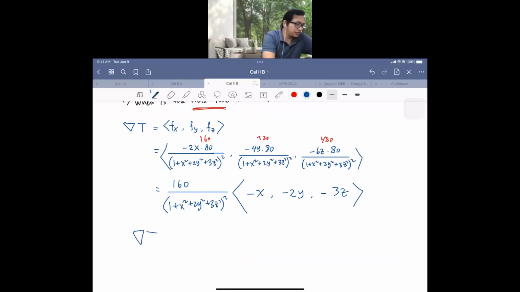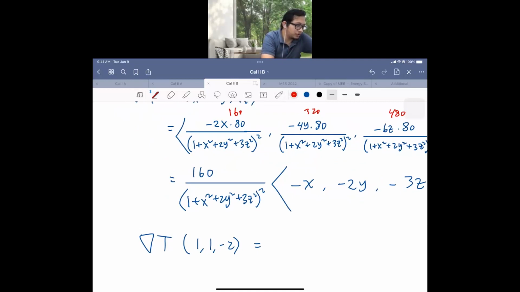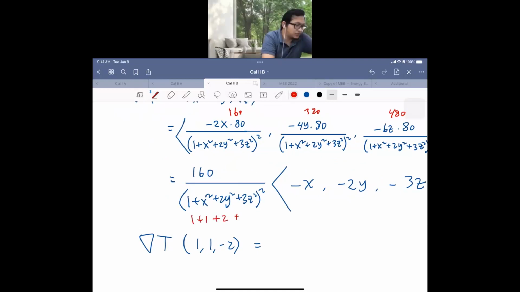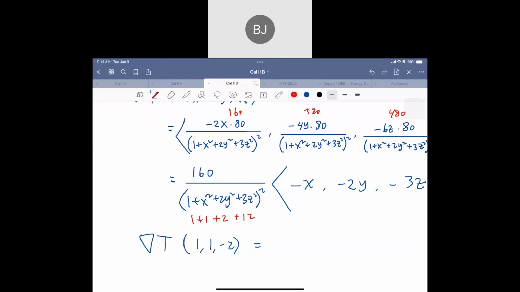Now the gradient factor at the point 1, 1, negative 2, we can input. So this will be 1 plus 1 plus 2 plus 4, 12. It should be 16, right? 16. So it should be 10, all squared.